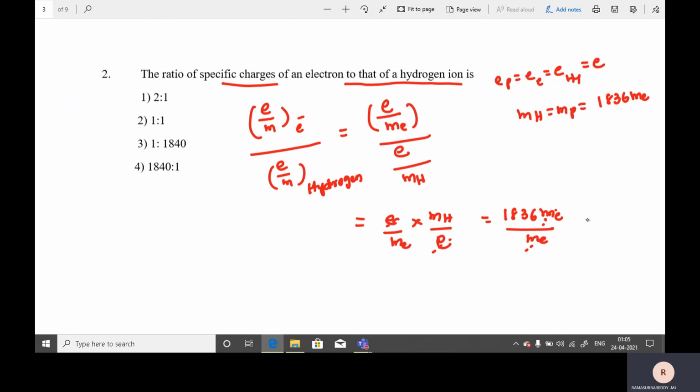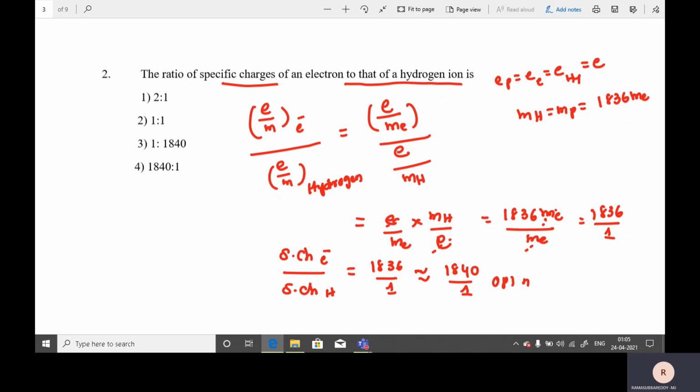Mass of electron cancels, 1836 by 1, which is nothing but the specific charge of electron by specific charge of hydrogen. So 1836 by 1 is nearly equal to, if we check our options, 1840 by 1. Hence, which option is correct? Option 4 is correct. Okay, clear?